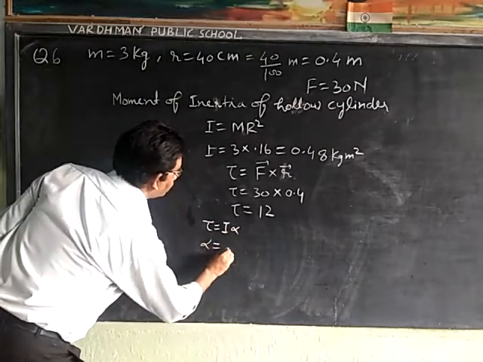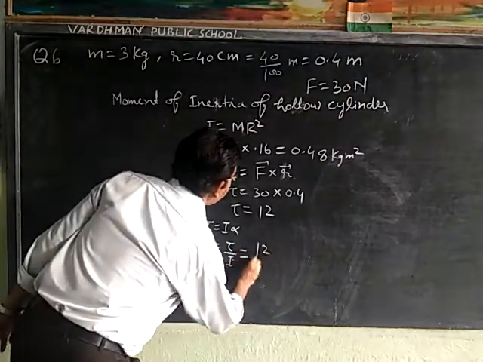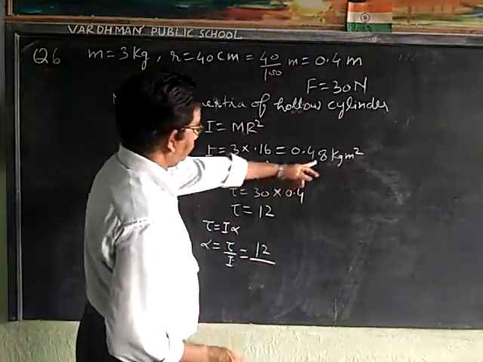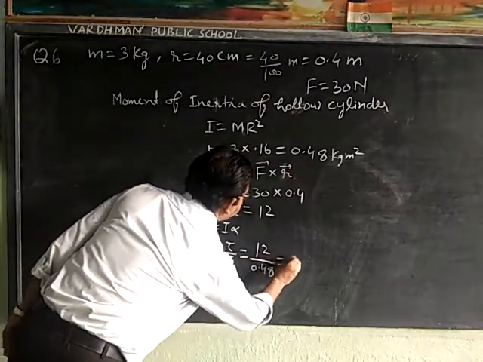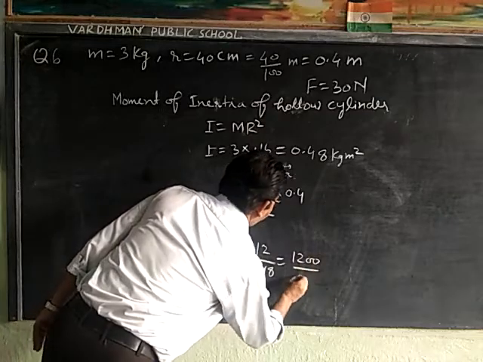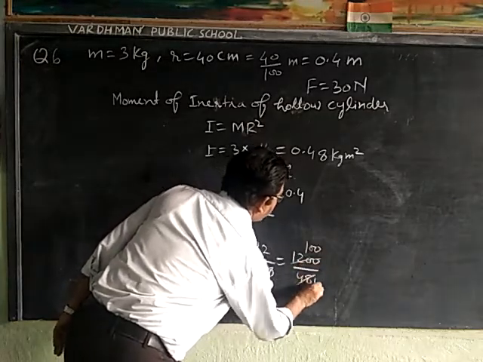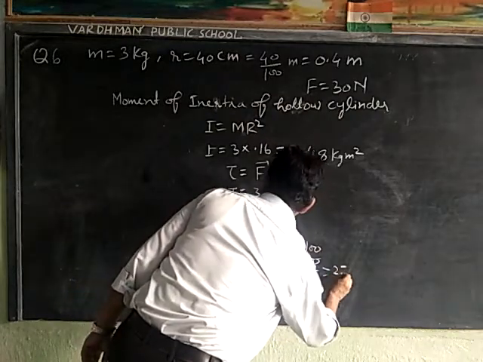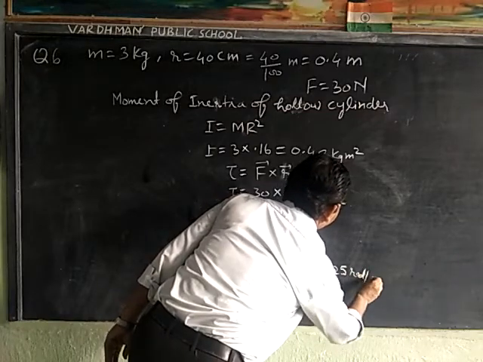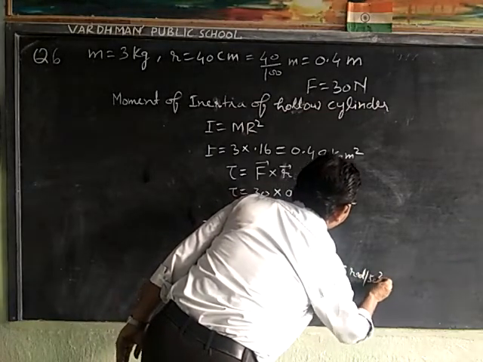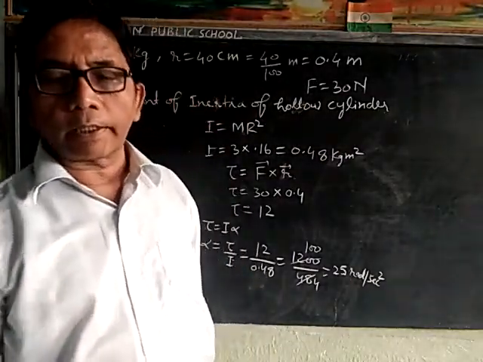Alpha is equal to tau upon I. Tau is 12 and I is 0.48, that is 1200 upon 48, that is 25 radian per second square.